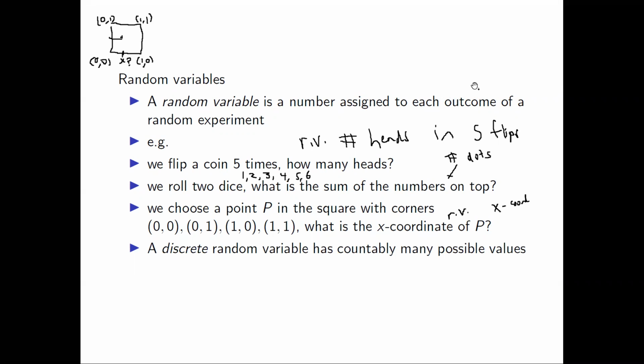And that's a discrete random variable. And discrete random variables have countably many possible values. So for something to be countable, there's 2 possibilities. It can be finite.